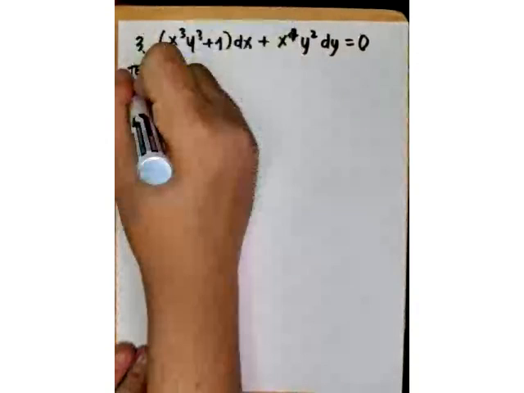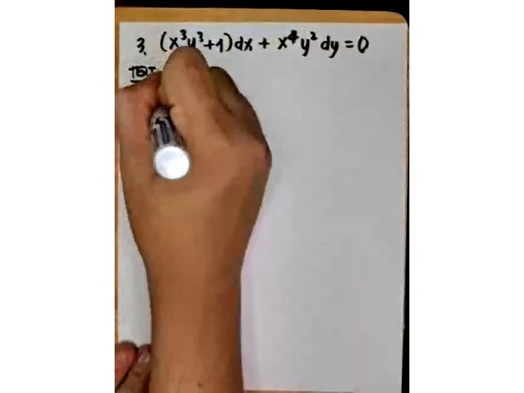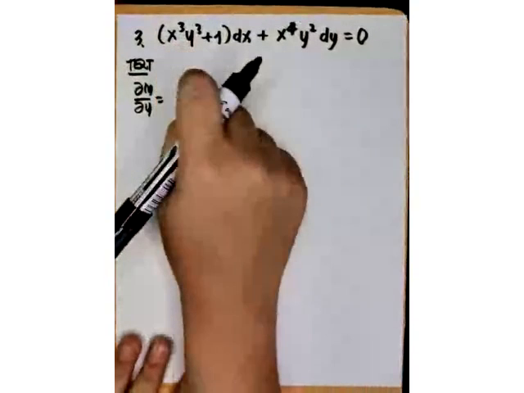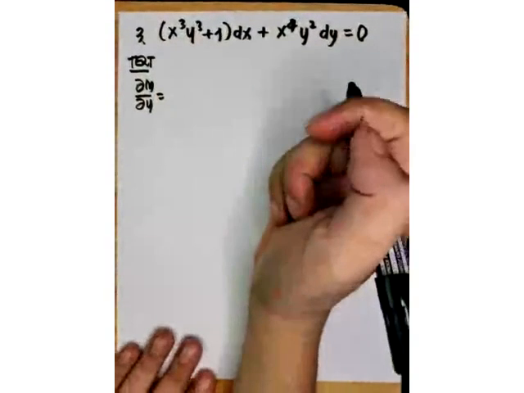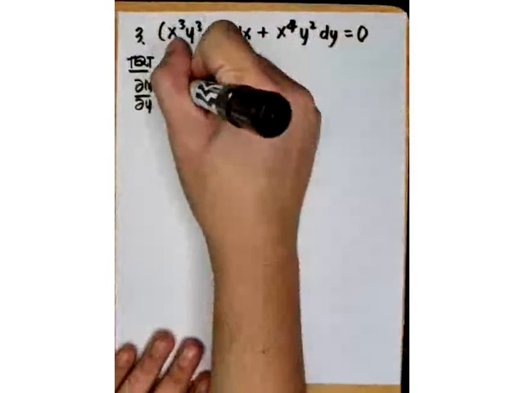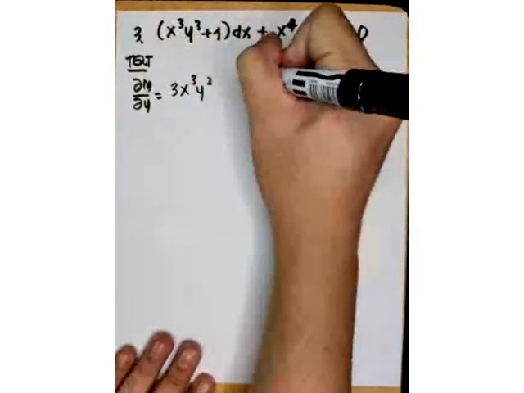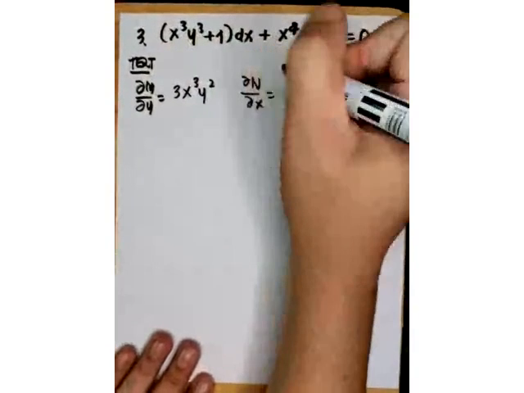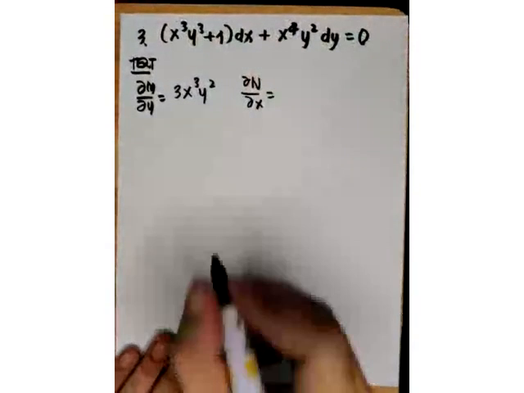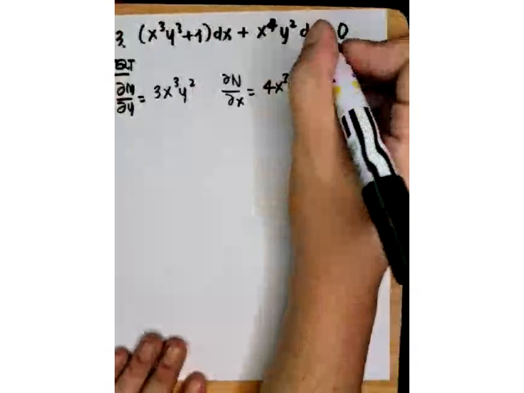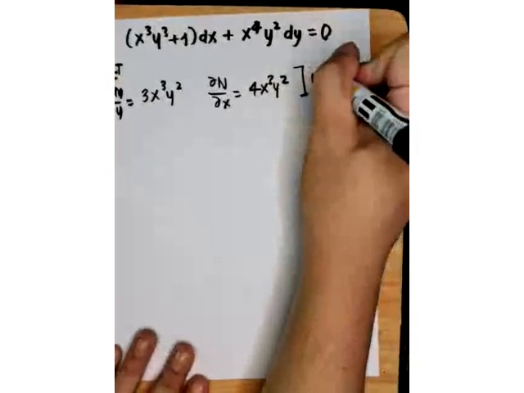So the partial derivative of m with respect to y. So that will be 3 x cubed y squared, and the partial derivative of n with respect to x. So that's a 4x cubed y squared. So therefore, it is non-exact.